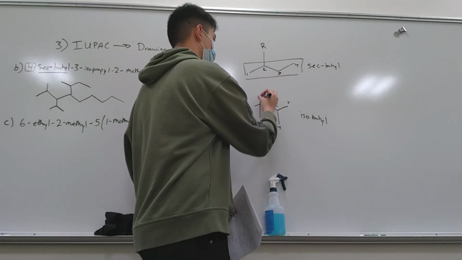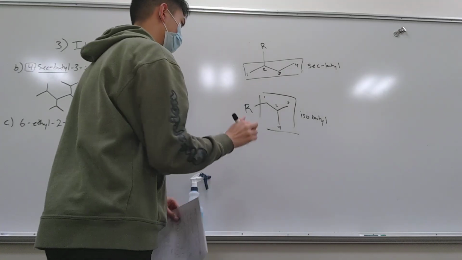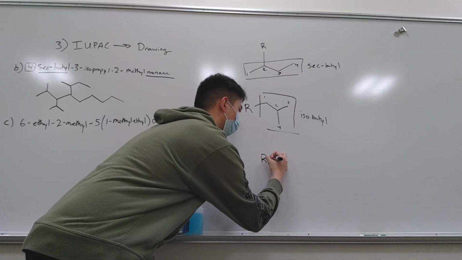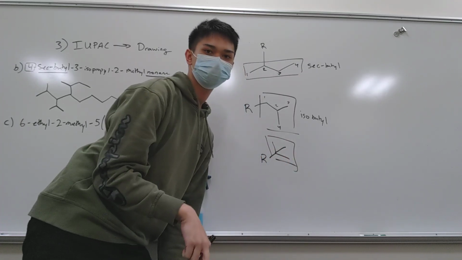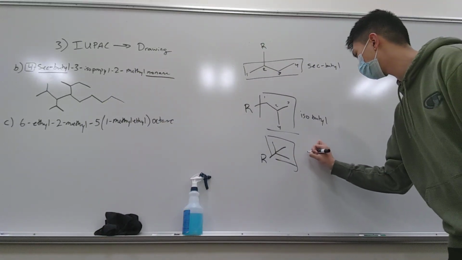And then a tert butyl. There's not really much I will say about this one. It kind of just looks like a chicken foot. That's usually how I like to think about it.